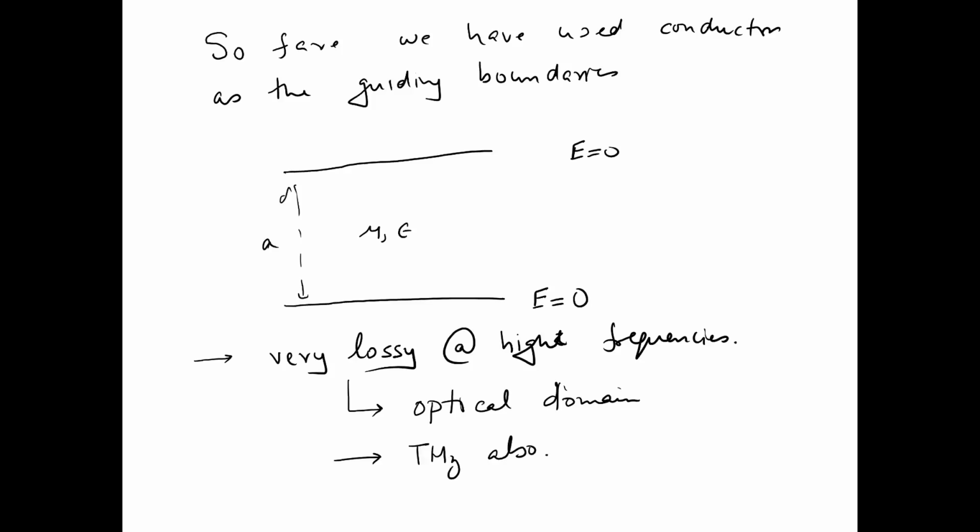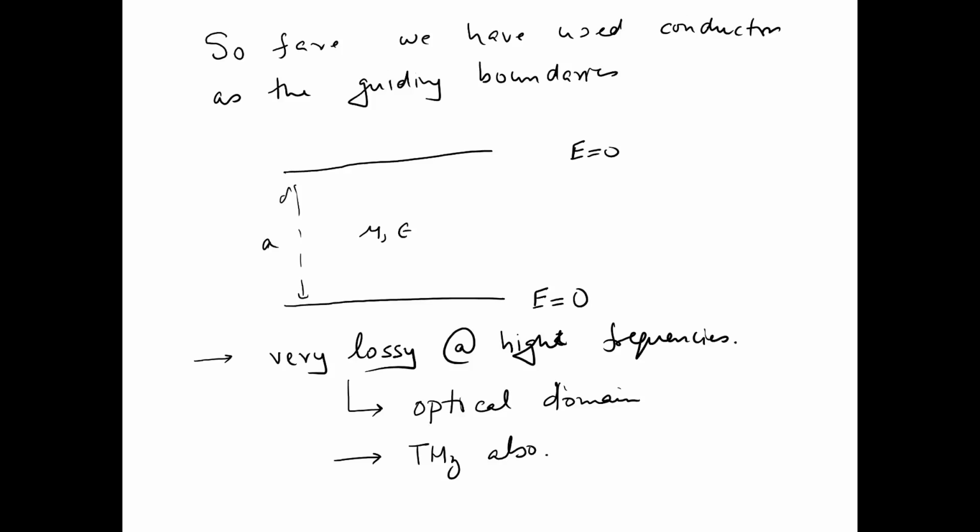In the terahertz domain, where you're operating at a frequency of about 1 terahertz, which is roughly 100 to 300 micron wavelength, anything below 100 micron wavelength, the conductors become very, very lossy.